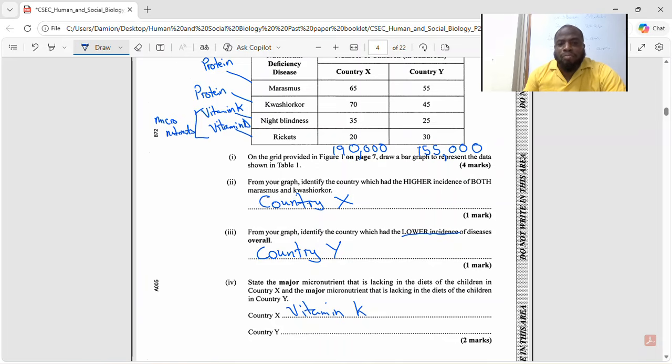And as we spoke about earlier, it would have been vitamin K. Rickets, of course, is the situation for country Y. 30,000 children had that disease compared to the 20 in country X. And so we said that rickets is due to a lack of vitamin D, which is responsible for the absorption of calcium.